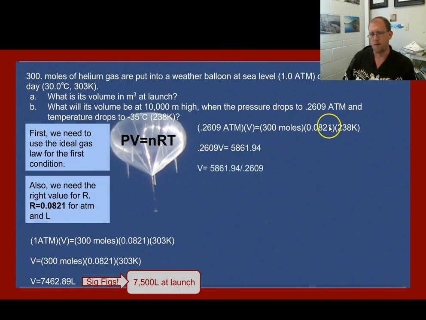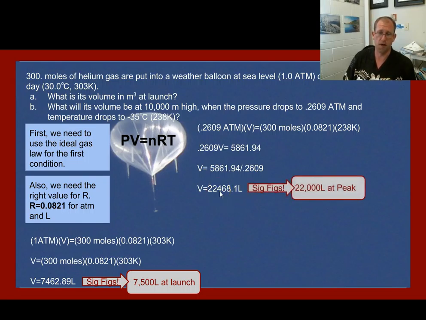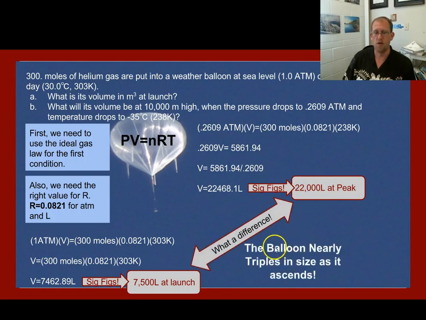So multiply across everything I know to solve for V. V is 22,468.1 liters. That's a much, much bigger balloon, right? Correct for sig figs, 22,000 liters at its altitude. So the balloon nearly triples in size as it launches from 7,500 to 22,000 liters in volume.